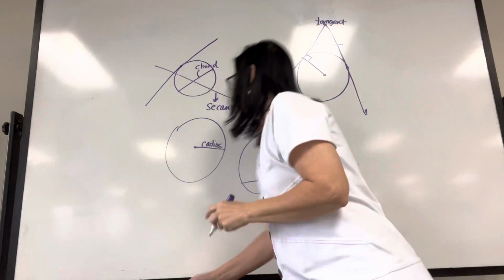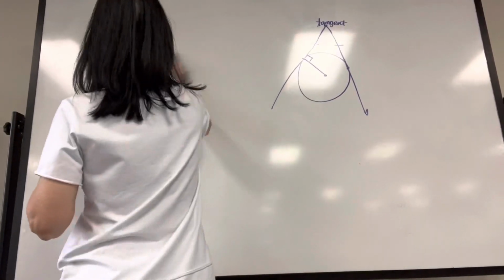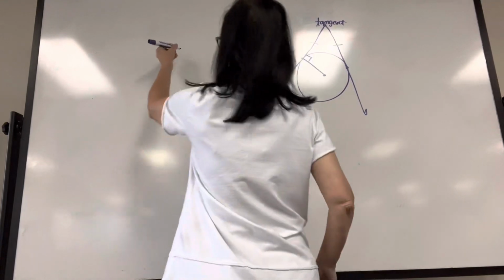So actually, I could draw several tangent lines to a circle.